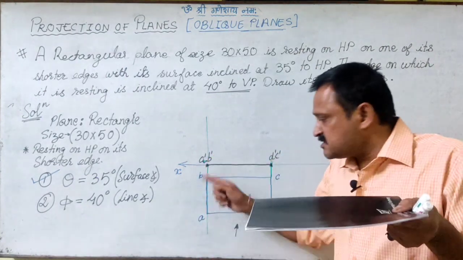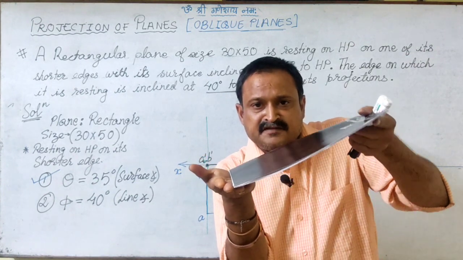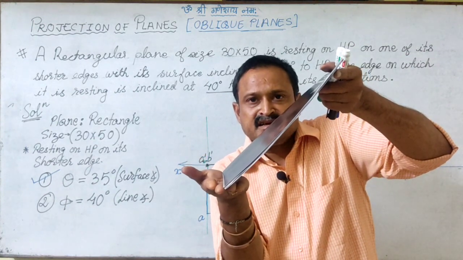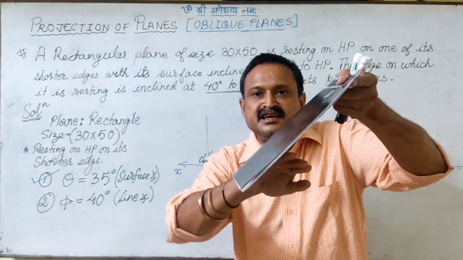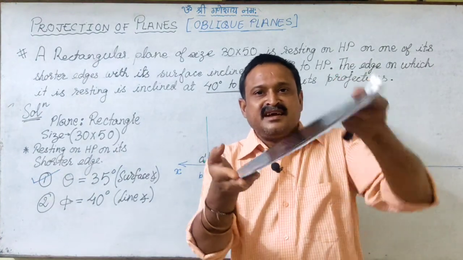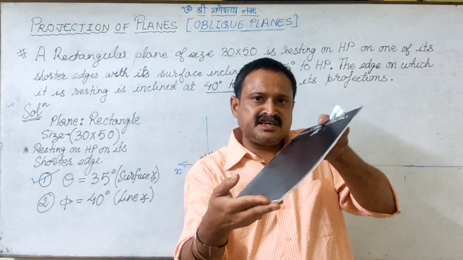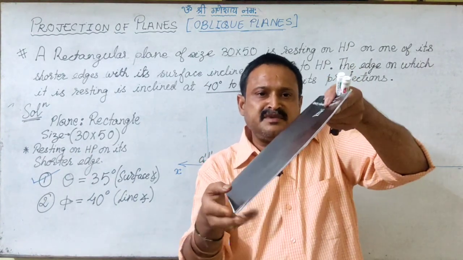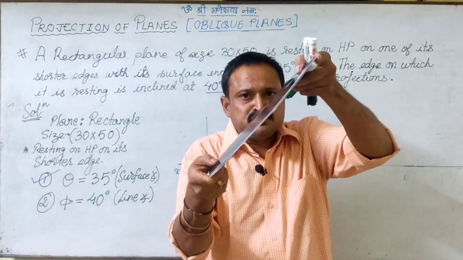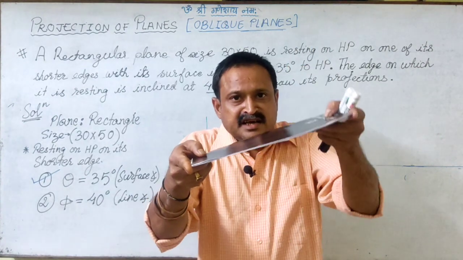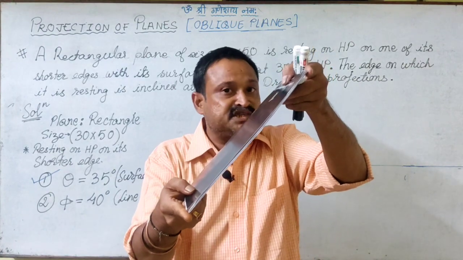Now we will keep this AB edge on the HP or ground, and we will lift this plate in such a fashion that the surface gets inclined at 35 degrees to HP. When we are doing so, we are not changing its relation with HP or VP. That means the trace length is going to remain whatever it is. Only its orientation has changed by 35 degrees with reference to the XY line.